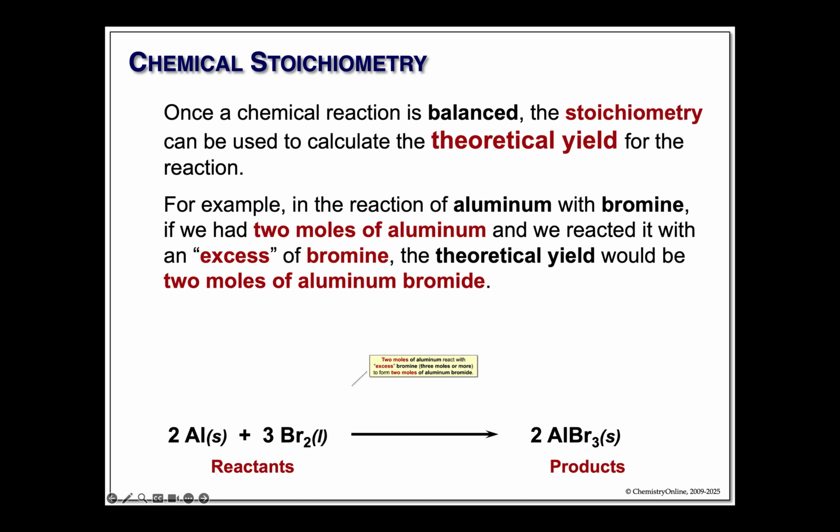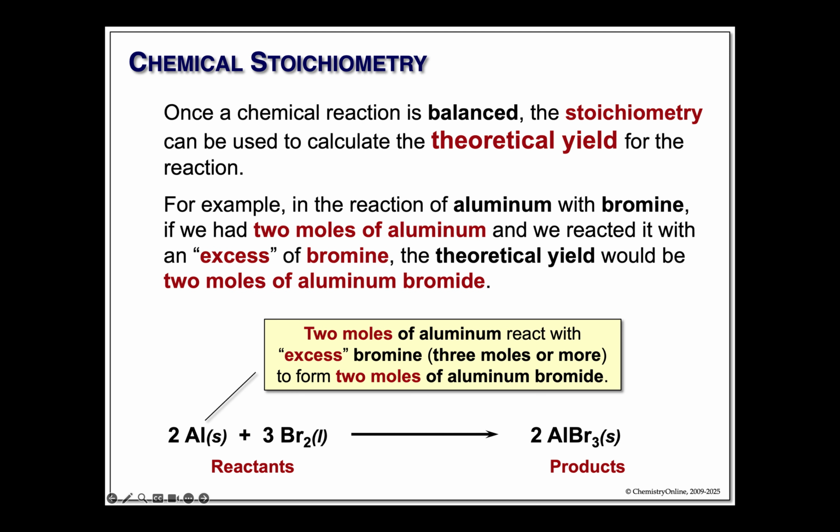Now the stoichiometry that we have just done here also defines what we will call the theoretical yield for the reaction. Basically, if we take 2 moles of aluminum and 3 moles of bromine, we will get 2 moles of aluminum bromide. Now in this particular reaction, if we remember, bromine is a liquid at room temperature.